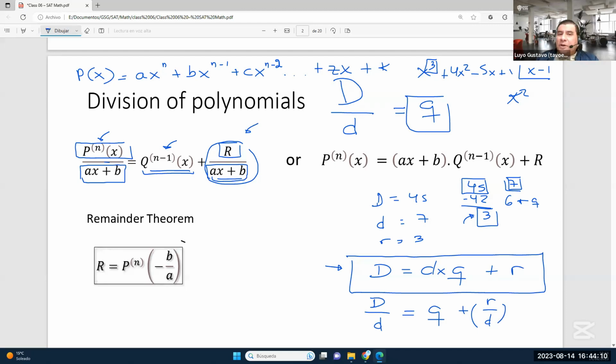Either you can express the relationship like this, or in this linear form that we say, okay, the dividend in a polynomial division equals the divisor, which is usually, as I said, a binomial of degree 1, where the variable x only has exponent 1, multiplied by the quotient, which has to be degree n minus 1, and this product plus the remainder.